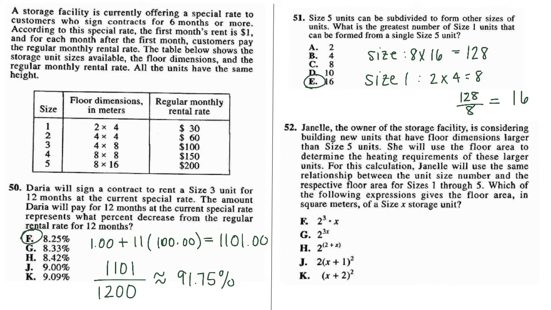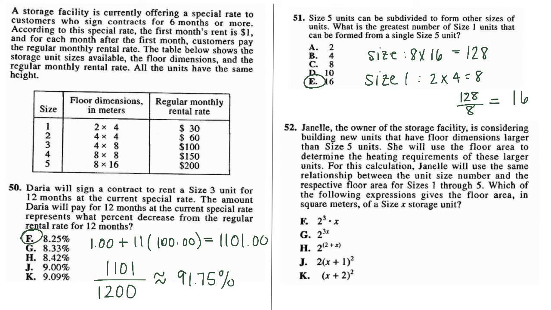All right, and let's look at number 52. And look at our answer choices. That's kind of crazy. So let's see. The owner of a storage facility is considering building new units that have the same floor dimensions, larger than size 5.